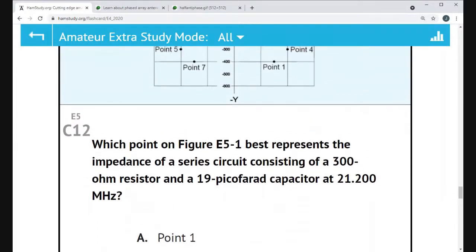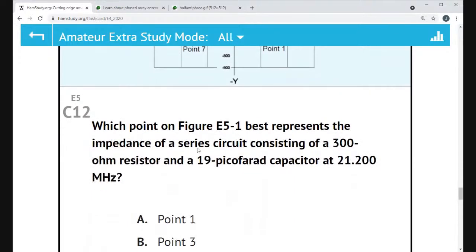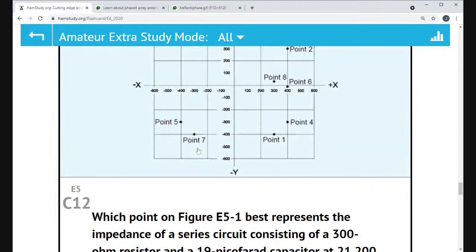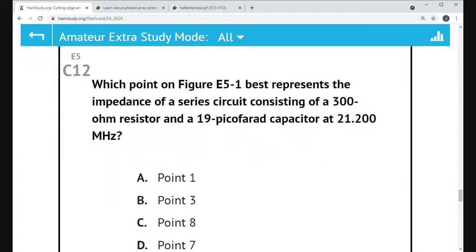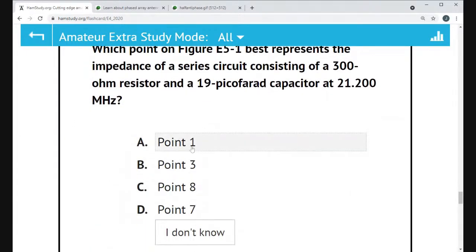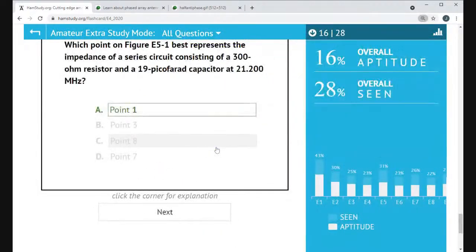C, point 8, which is 300x and 52y. And D, negative 300x and negative 400y. I'm going to go with point 1, A, and that is correct.